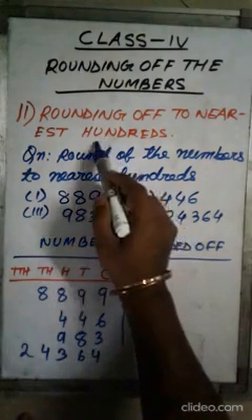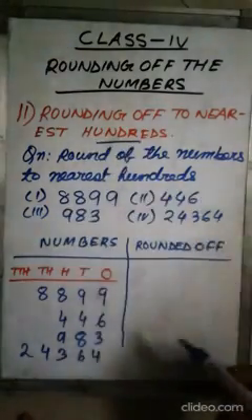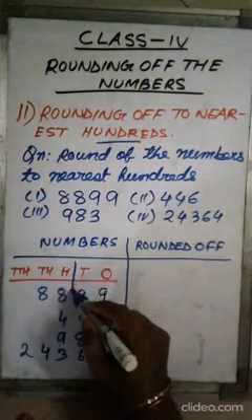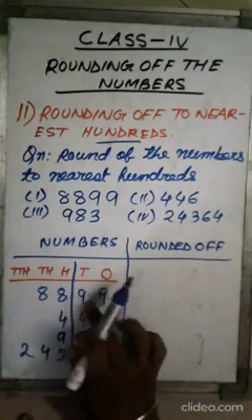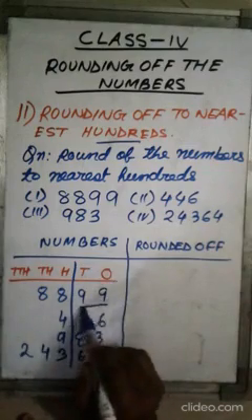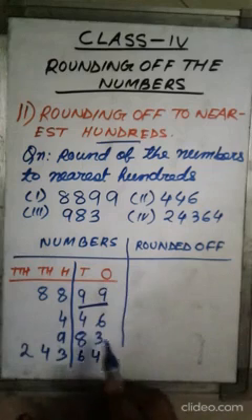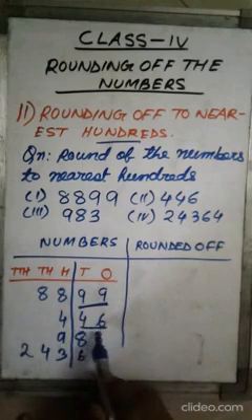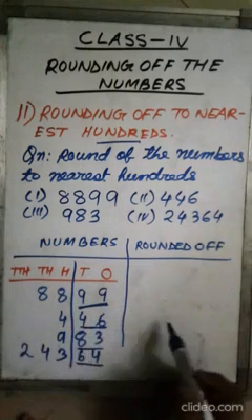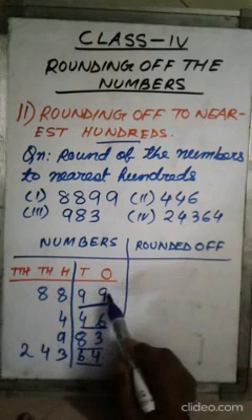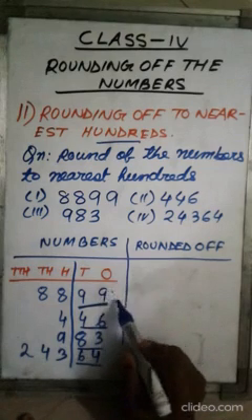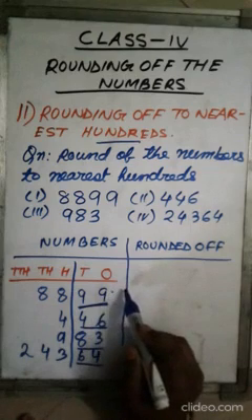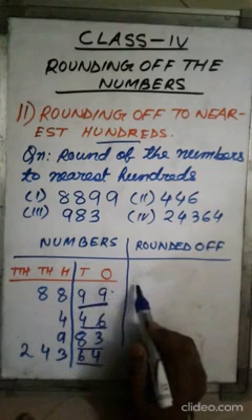Here it is given hundreds, so we shall consider up to the tens value. That means we shall be checking the numbers after the tens values. If it is less than 50, then we write the same way.